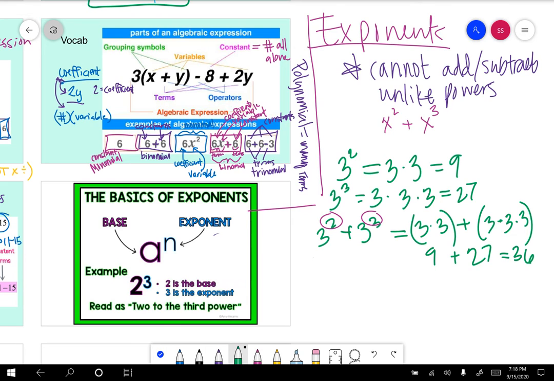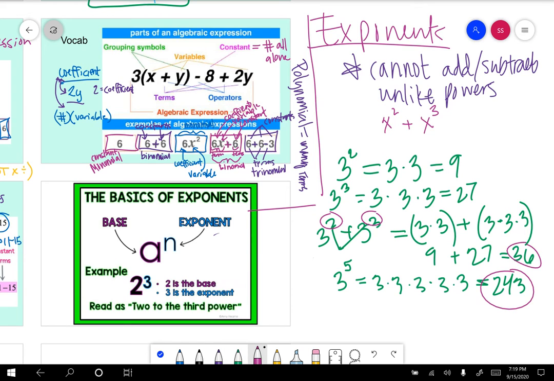Go with me. If we were to say 3 to the fifth power, which would be 2 plus 3 here, that'd be like saying 3 times 3 times 3 times 3 times 3, which is 243. So these are not the same. When we're adding things, the reason why we cannot add or subtract unlike powers is because they won't equal the same thing.